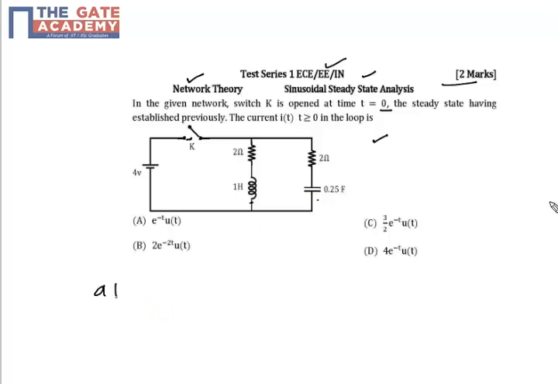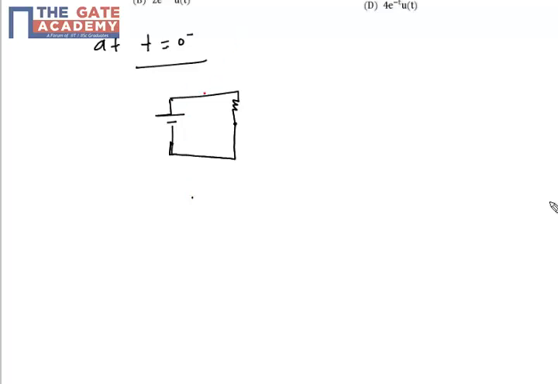So let's draw the circuit at t equal to 0 minus, before the switch is open. You will have a circuit with the inductor, a battery of 4 volt, a resistor of 2 ohm and another resistor of 2 ohm, but my capacitor is behaving as an open circuit.